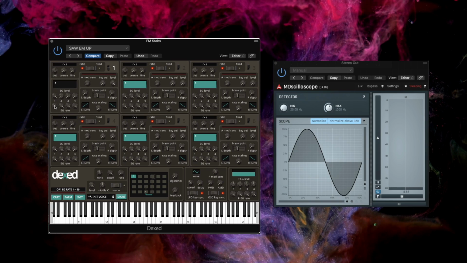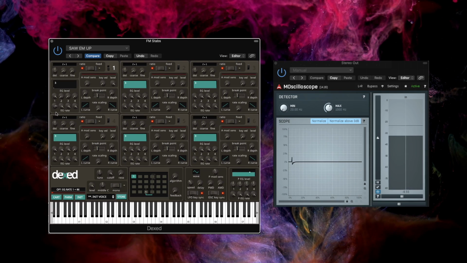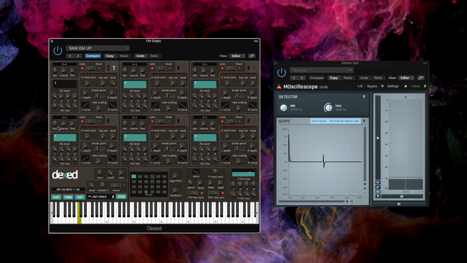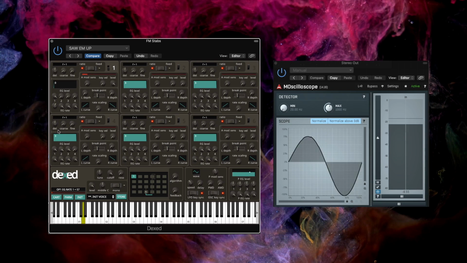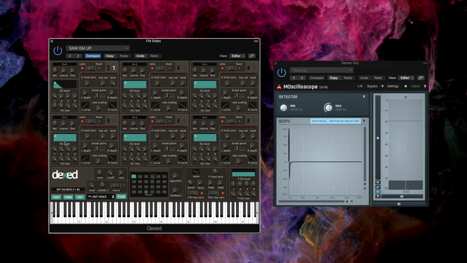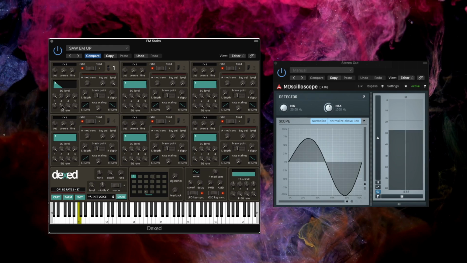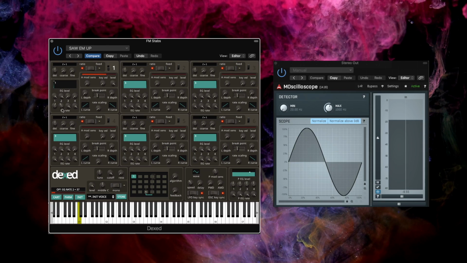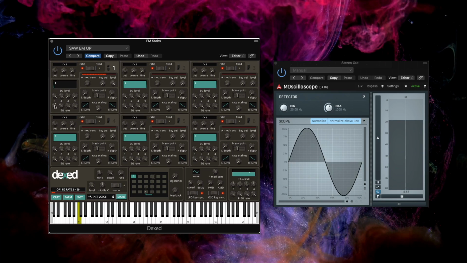So let's start off with decreasing the speed of the attack. This is a blip because it's very fast. And this is increasing the attack. Let's slow down the decay, and it's going down. So let's increase the volume so that it stays and stops over there.